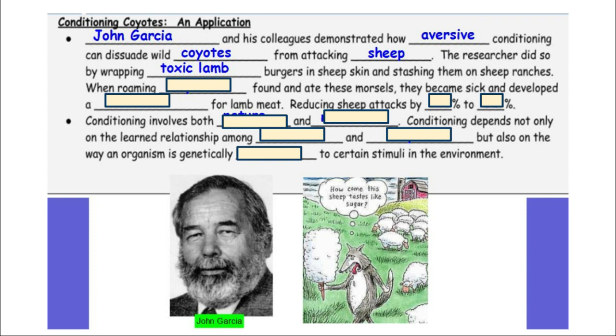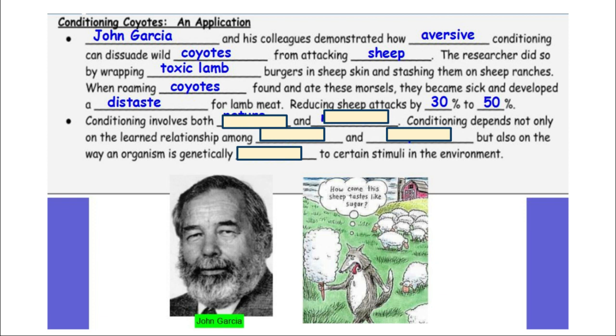And when the roaming coyotes found and ate these morsels, they became sick and developed a distaste or an aversion for lamb meat. And in the end, they were able to reduce the attacks on these sheep by 30 to roughly 50%, which is pretty amazing.